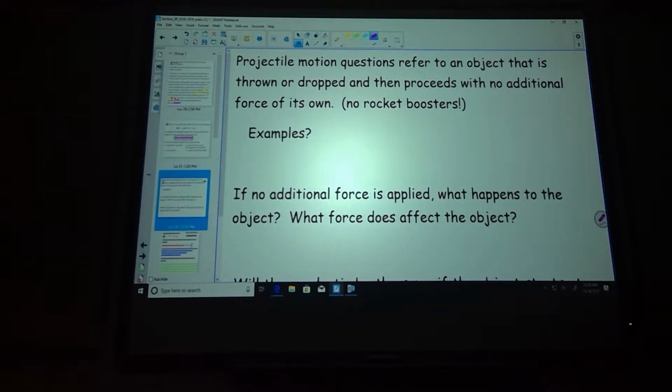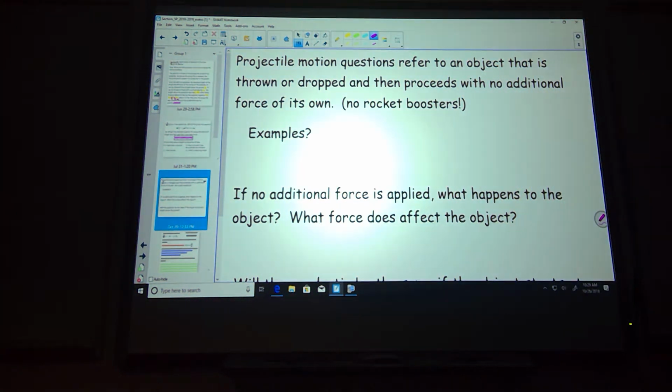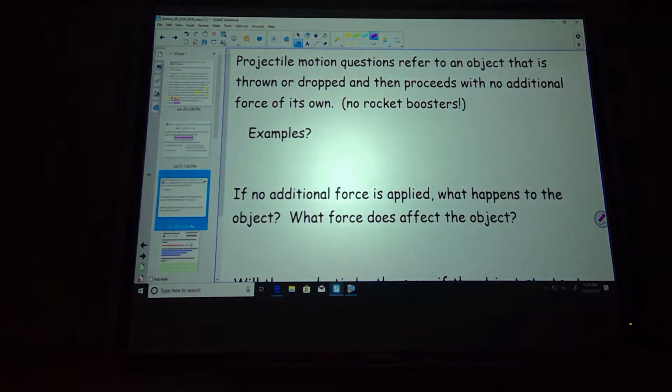Okay, projectile motion questions refer to an object that is thrown or dropped and then proceeds with no additional forces on it. The big question in physics is, when you fire a bullet out of a gun and you drop a bullet from the same height as the gun, they both hit the ground at the same time.